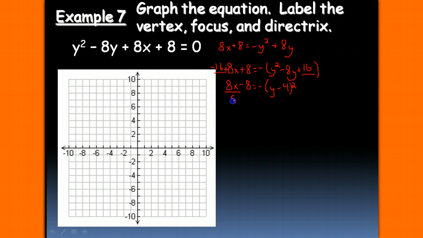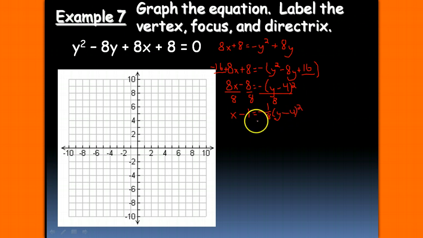So I'm just going to go ahead and do that. Divide every term by 8. So we're going to be left with x minus 1 equals a negative 1/8 times y minus 4 squared.